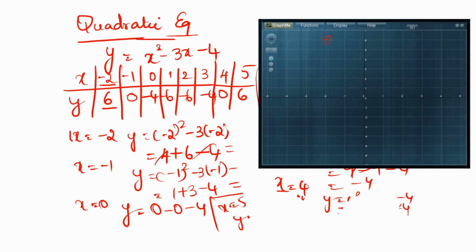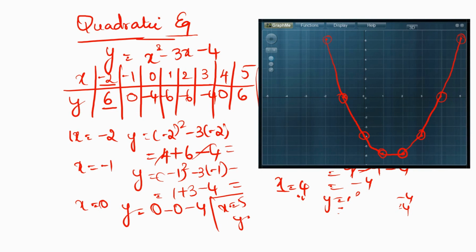Now plot this in the graph. So if you see, the graph is in a U shape.